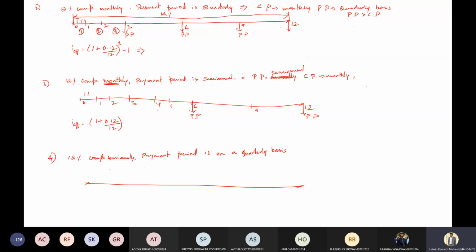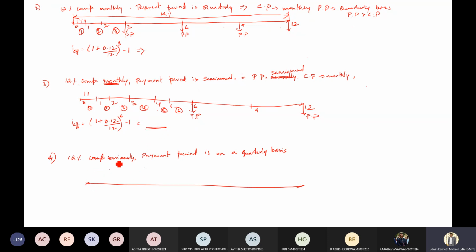Since your payment period is semi-annual, how many times is it compounded till you make the payment? 6 times. So 1, 2, 3, 4, 5, and 6. So you can write down the answer over there.